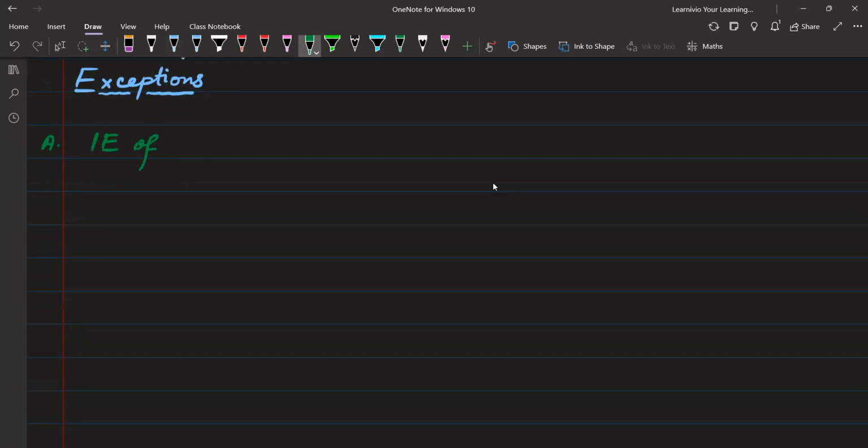ionization enthalpy of second and third period elements. What happens here? If I look at the second period elements, it is going to be lithium.